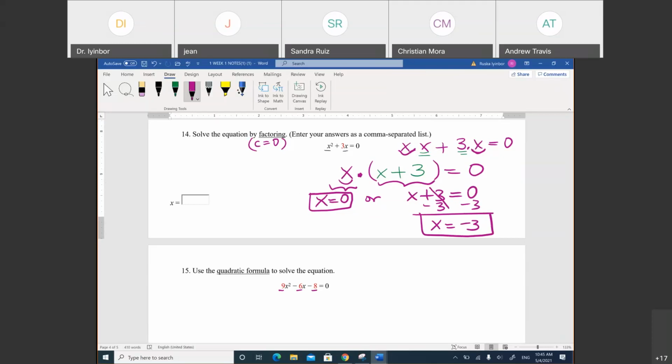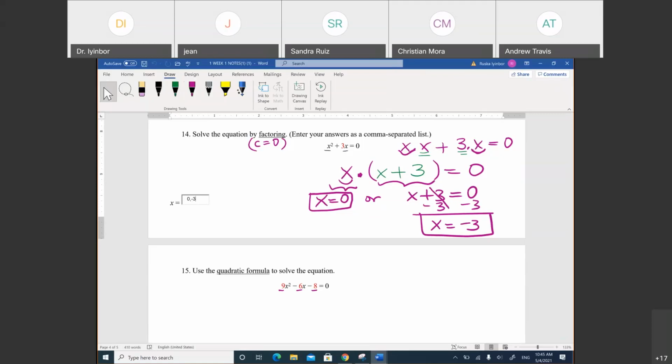So keep that in mind. My answers here are my solutions for these equations, and it says enter your answer as a comma separated list, so it's going to be 0, -3. It doesn't matter which one you put first, you're just listing the answers. Any questions?